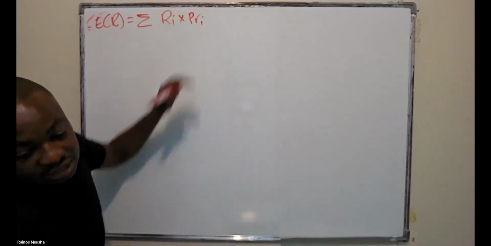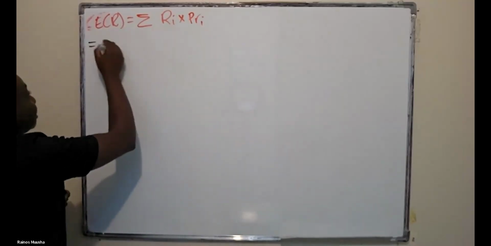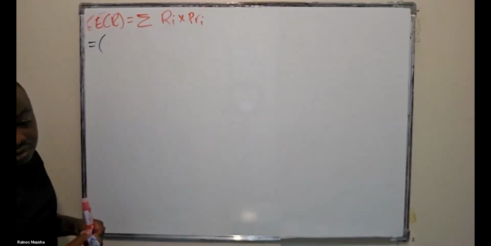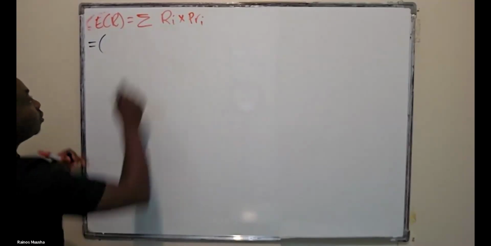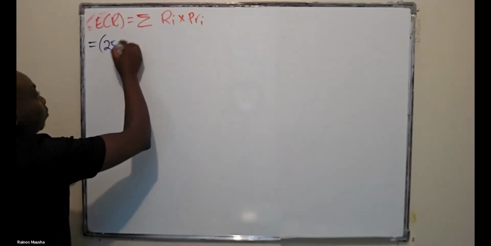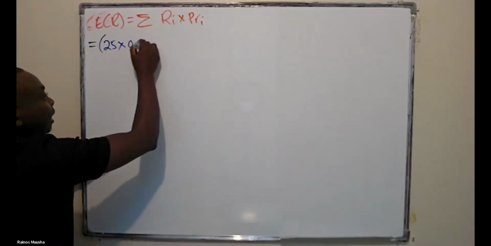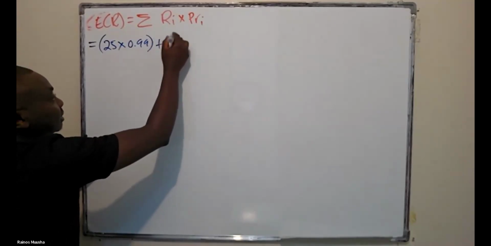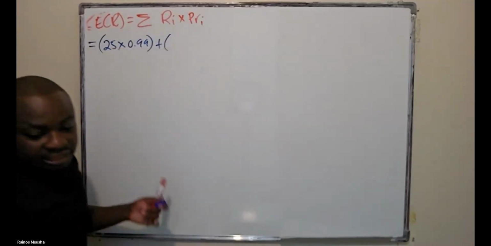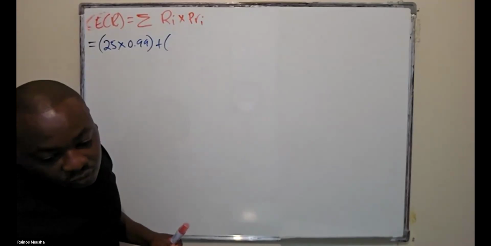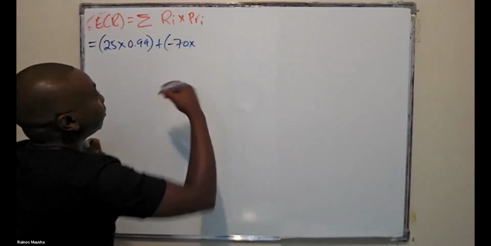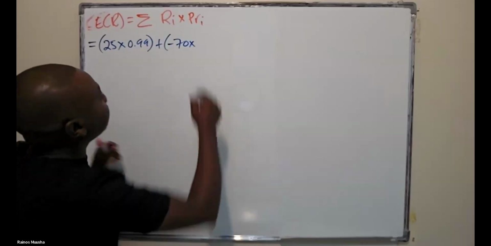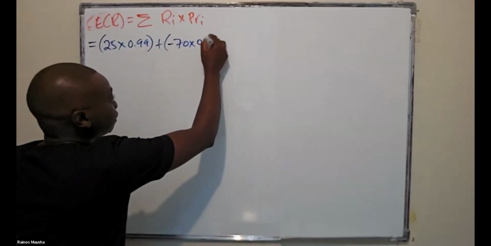So in this case, they're telling us that the first scenario is that there's a 99% probability that the return is going to be 25%. So the return is 25% multiplied by the probability of earning that return, which is 0.99, plus, because you're summing up, the second scenario, where we can suffer a loss of 70%, and the probability of that happening is 1%, which is 0.01.